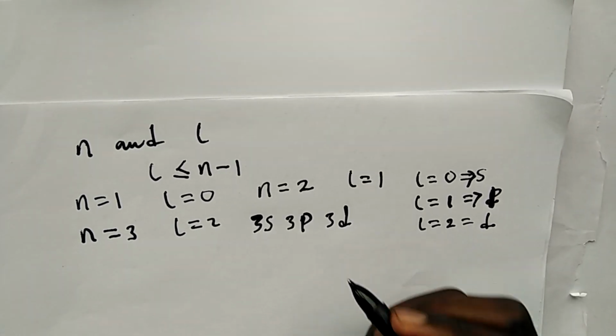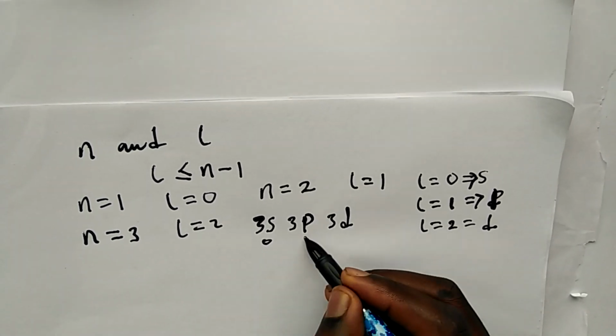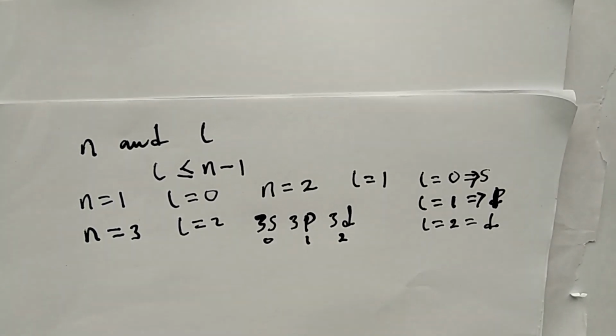You know what that means? It means that this is 0, 1, and 2. So you see, at the end of the day, the number of sub-levels is equal to the number of energy levels.